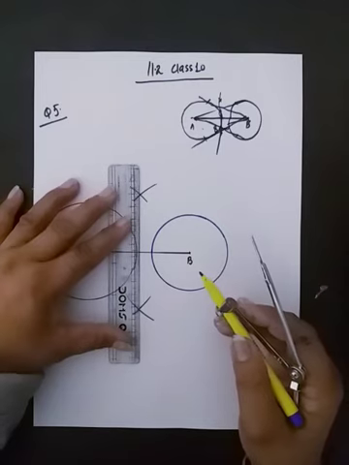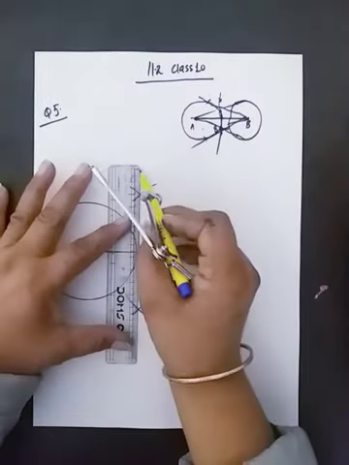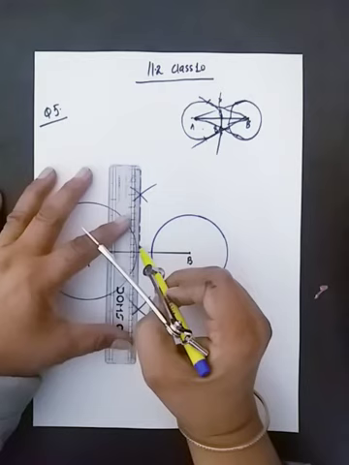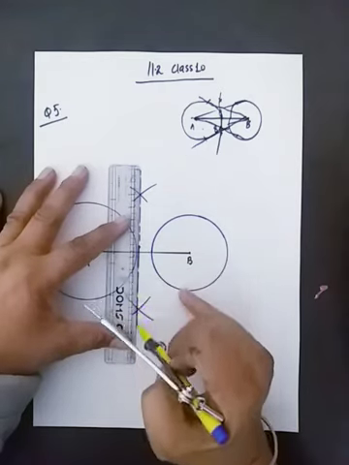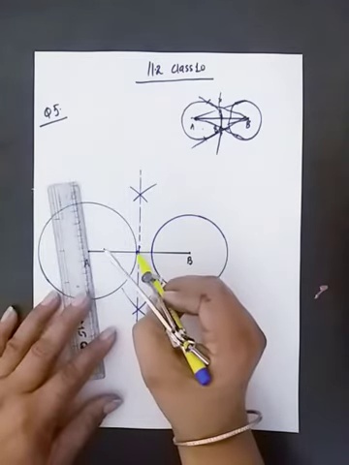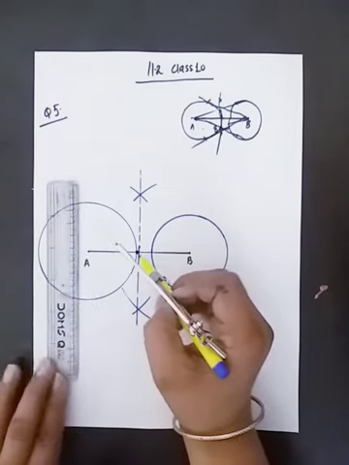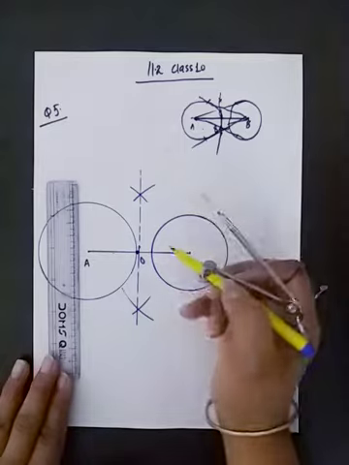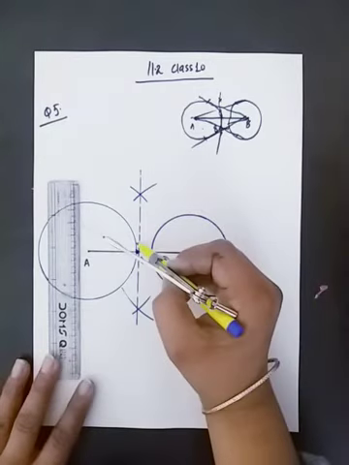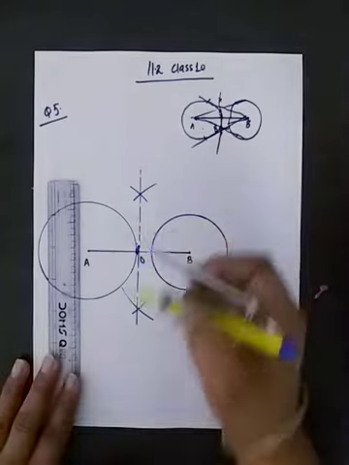Now joining these arcs, we get that perpendicular bisector intersects AB at O. It will touch your first circle.